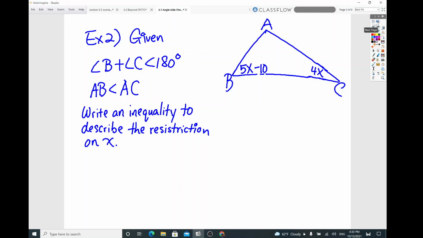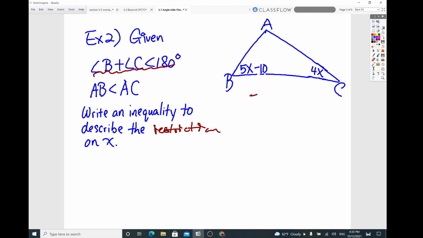Finding the boundary: write an inequality to describe the restriction. Okay, that's misspelled. Restriction on x. So one thing that we notice, angle B plus angle C is obviously less than 180 degrees.